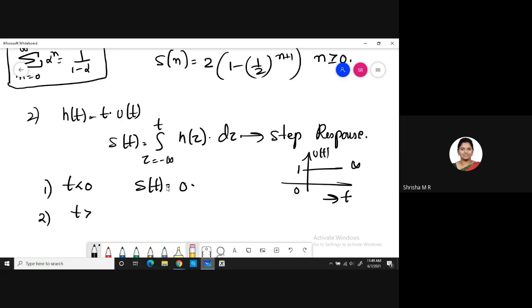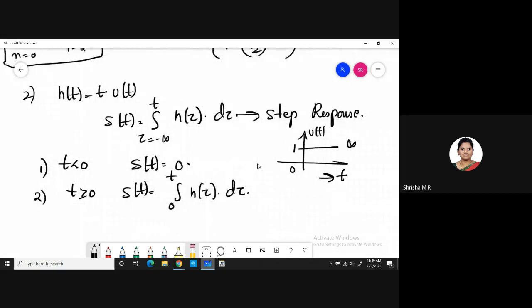If t is greater than or equal to 0, what is s of t? s of t would be integration 0 to t h of tau into d tau. What is h of t? We are replacing t with tau. So we have 0 to t, h of tau is tau into u of tau, so tau into 1 into d tau.